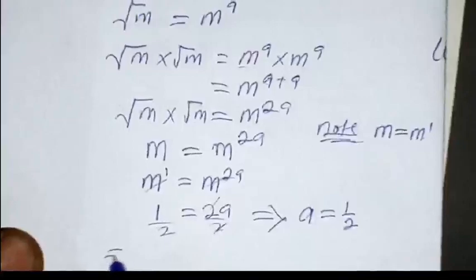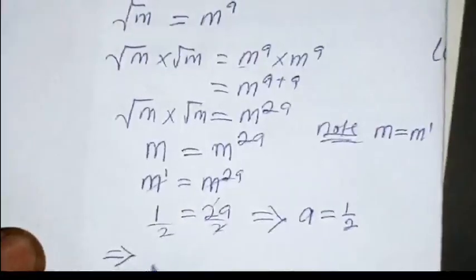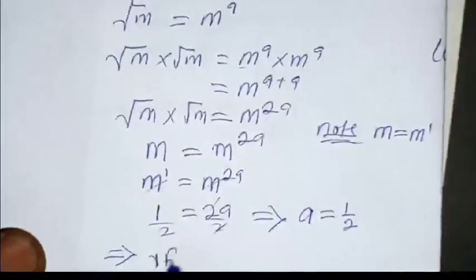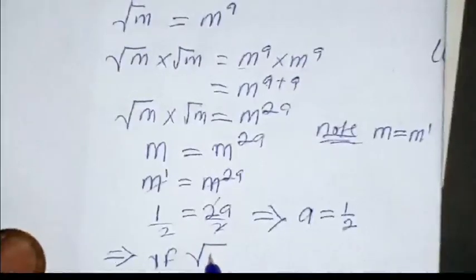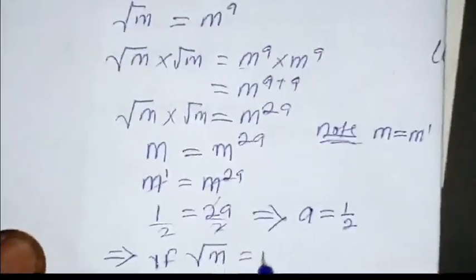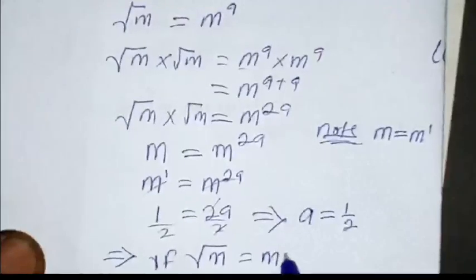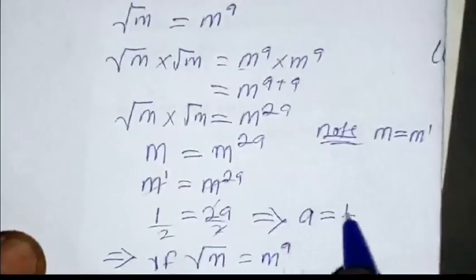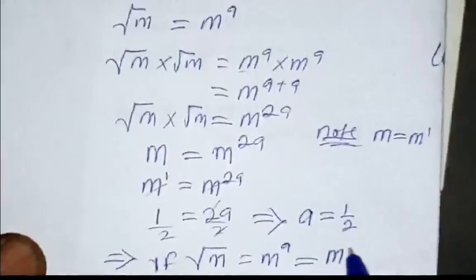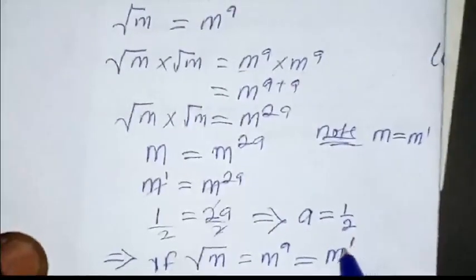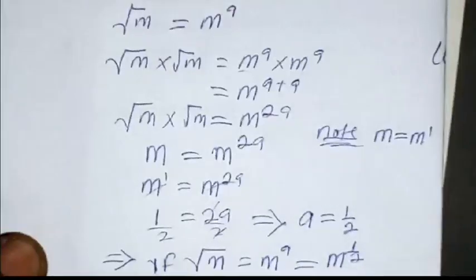So this means that if root of m equals m power of a and our a is 1 over 2, this implies that it is equal to m power of 1 over 2.